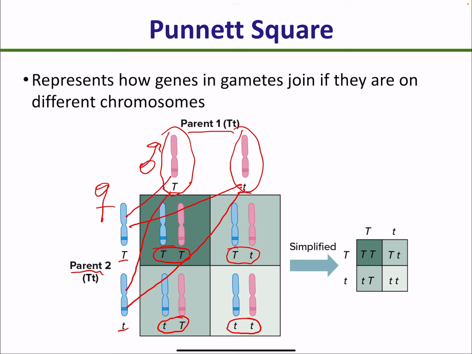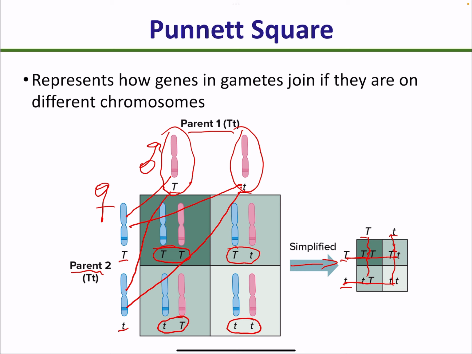So to simplify things, we are showing capital T, lowercase t here, and capital T, lowercase t here. And we bring them together, capital T, lowercase t, capital T here, and then capital T, lowercase t here, and lowercase t here.